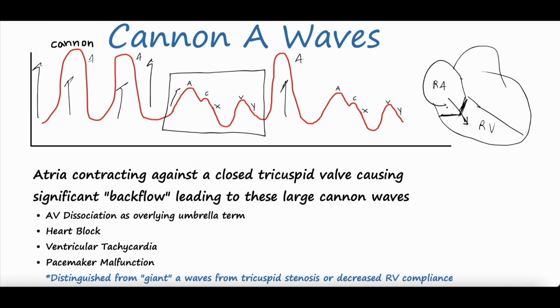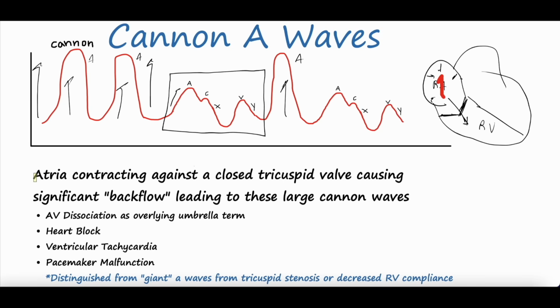But if this tricuspid valve never opens and the right atrium contracts and causes a huge increase in right atrial pressure without that valve opening, that will cause this Canon A wave.